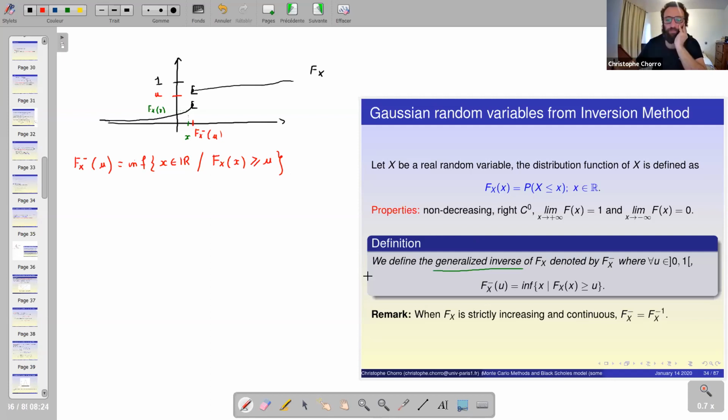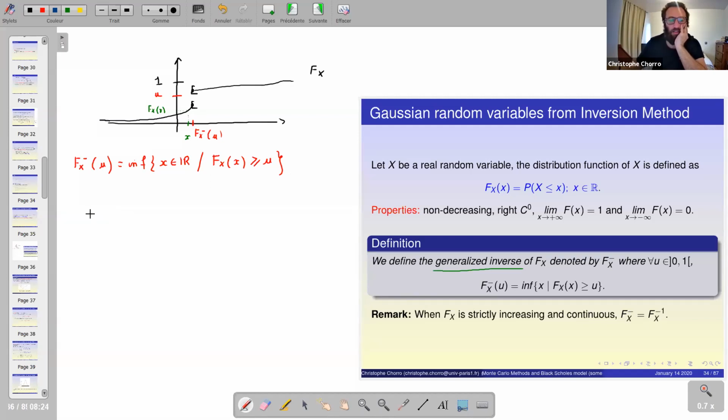Okay. So what is nice on this picture is that I can see the following. I have an interesting property concerning the generalized inverse, which is the following.